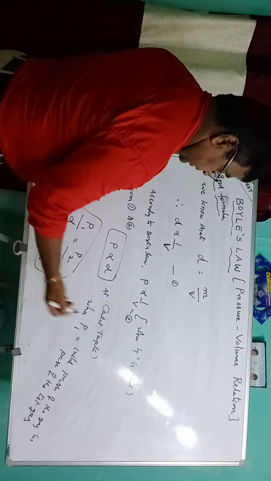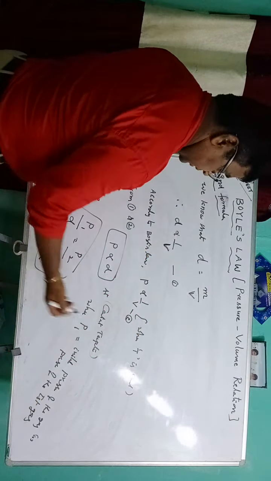Similarly, here D1 is equal to the initial density of the gas, or density of the first gas.